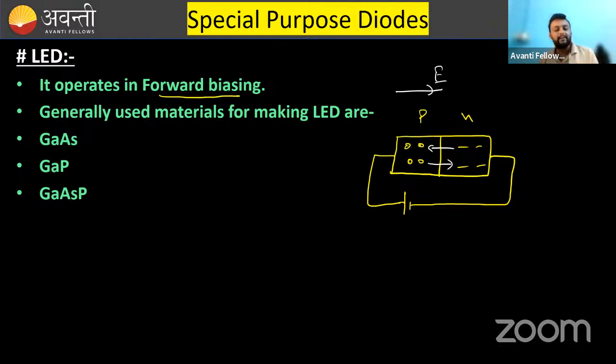So in the atoms chapter, what we have learned, that when electrons come from higher energy to lower energy, it releases some energy. It releases some energy in the form of photon. So now what I am saying, when this recombination happens, some energy is released in the form of photons.